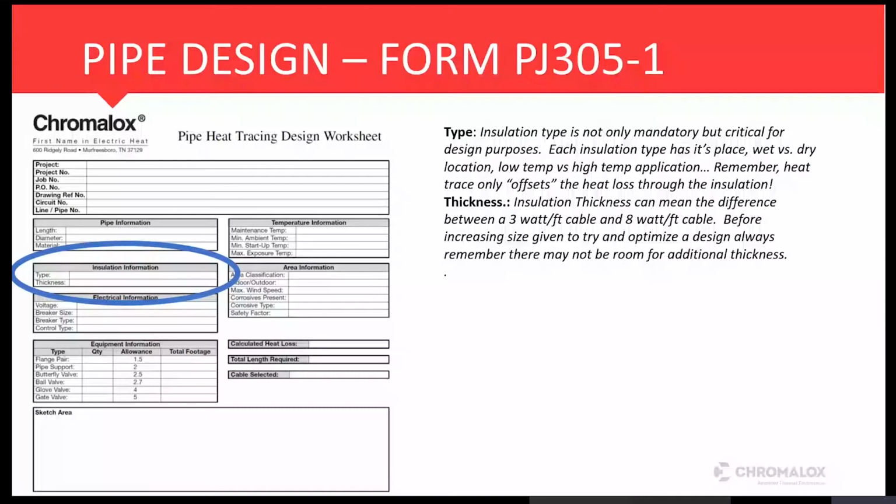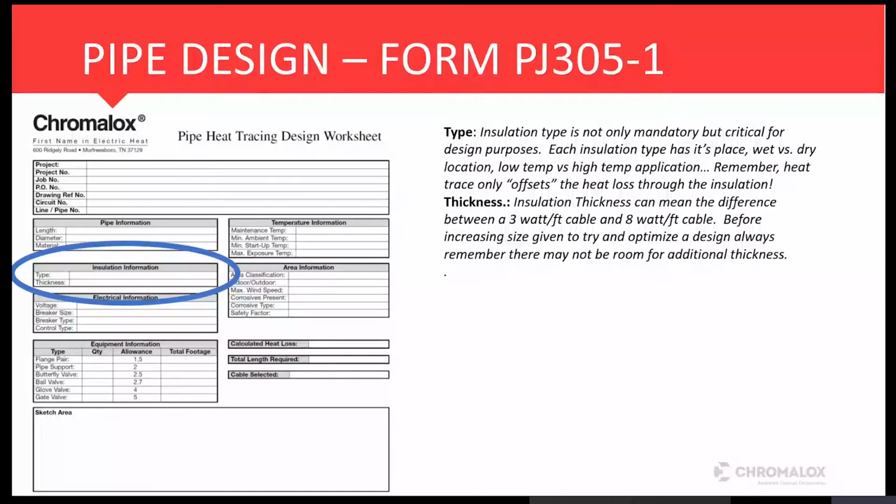Every insulation type has its own place, whether it be a wet or dry location, low temp, high temp application, and keep in mind why insulation is so critical. Heat trace only offsets the heat loss through the insulation. So you're only replacing what is escaping through the insulation. So obviously for your customer, the better insulation, the less heat trace power is required, and everything that goes along with that.